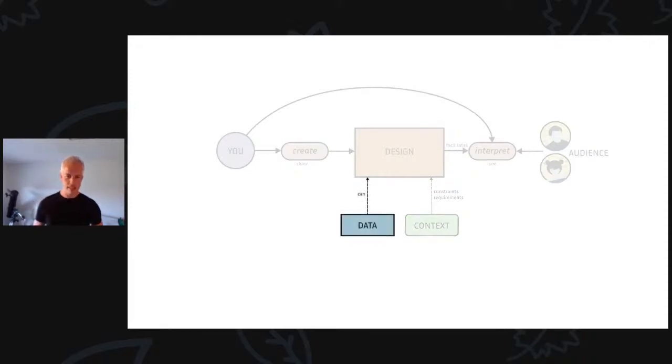Then the next thing is the data itself. And there always has to be data for a data visualization. There's no data visualization without data. And data is something I think is quite special, because we as humans can navigate the world around us. We can manipulate it, interact with it.